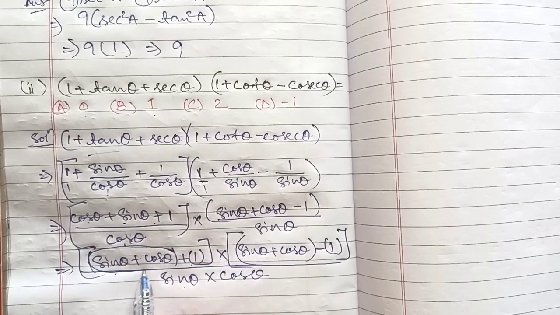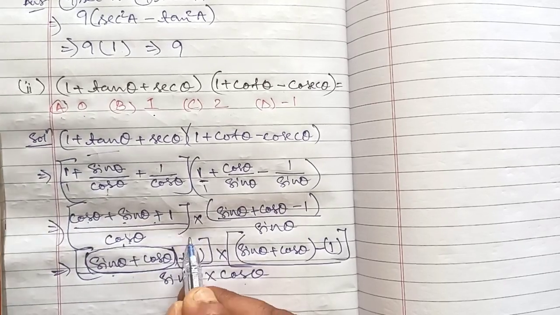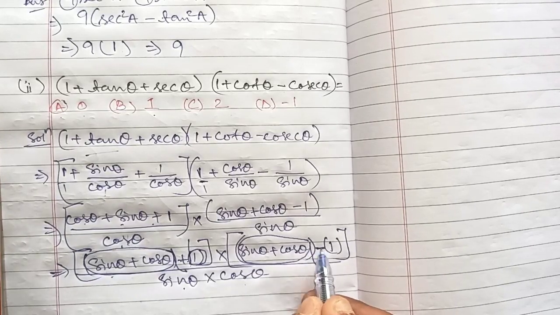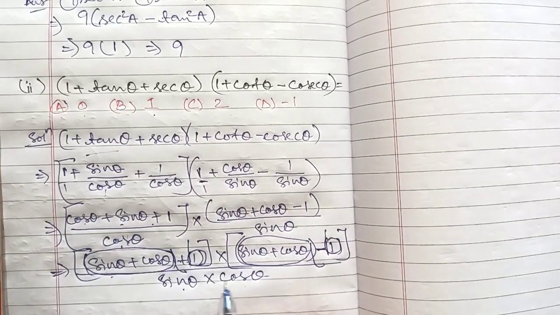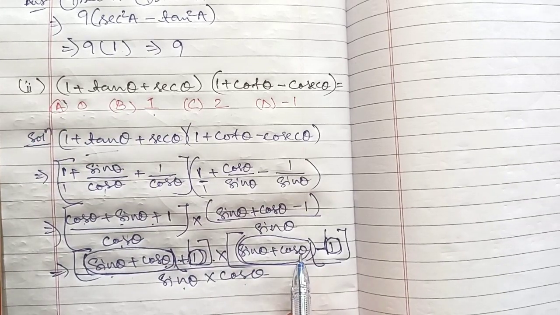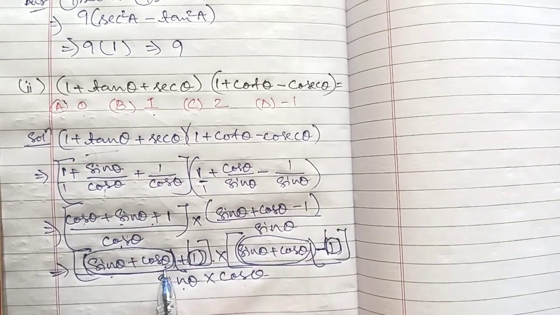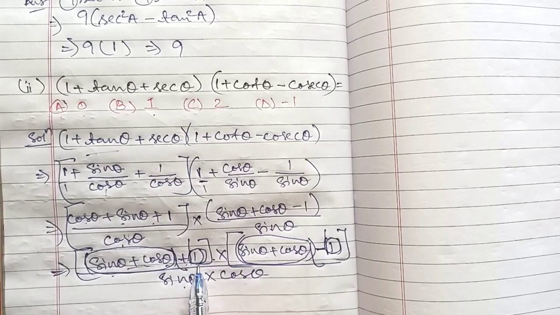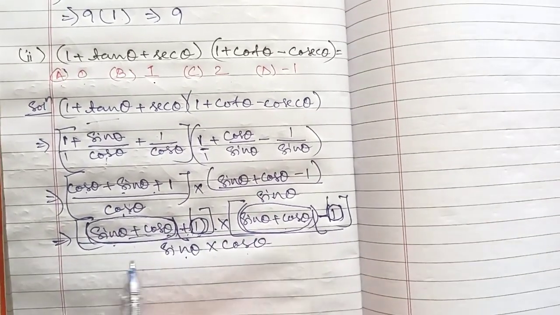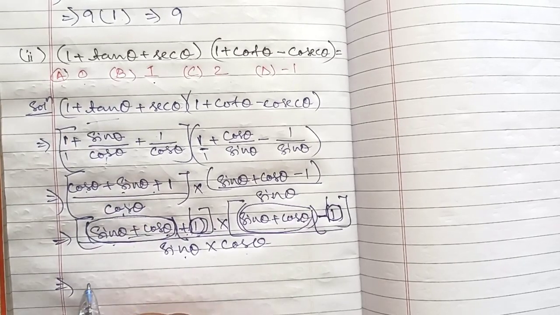Now this looks like A plus B and A minus B. The total term is A and 1 is B, in both brackets. So A plus B and A minus B. What is the formula? A square minus B square.